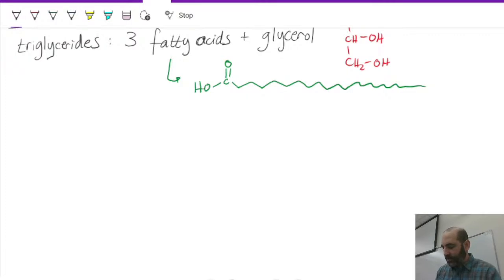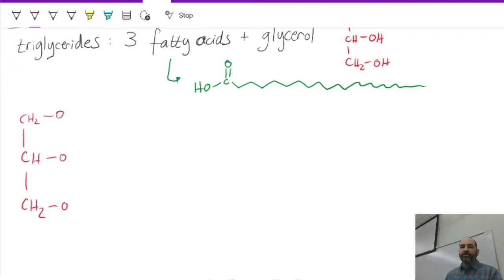I'm going to draw one such thing. As you can imagine, these get pretty big, so I'm going to give myself a little bit more space here. Here's the backbone of the glycerol molecule with these O's coming off of it.